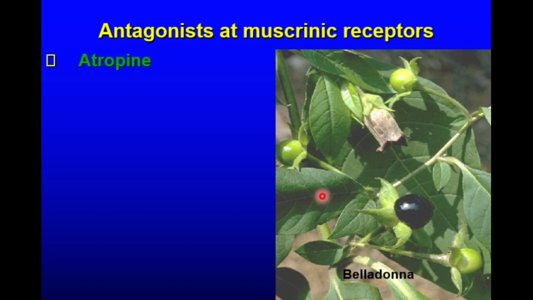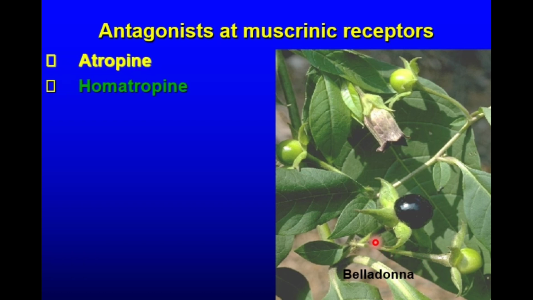Atropine is a typical muscarinic antagonist you are familiar with. It is an alkaloid extracted from plants, especially from belladonna.